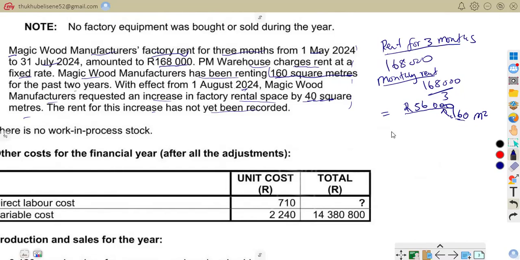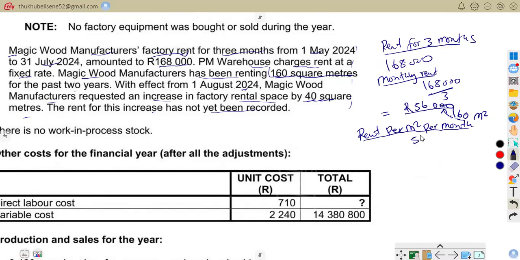Now we have to calculate rent per square meter per month.